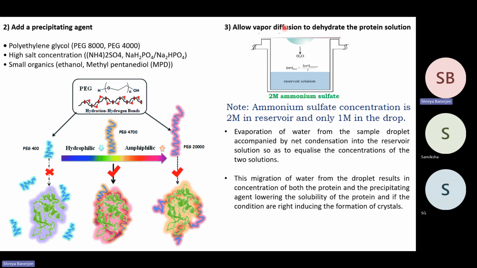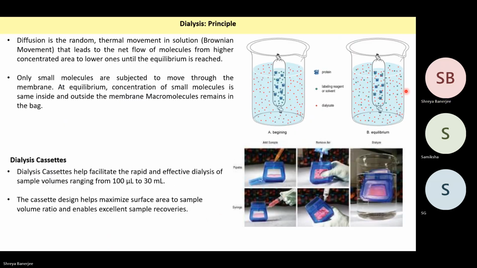And vapor diffusion, we already discussed, the hanging drop or the sitting drop method. Vapor diffusion is also a method to allow the crystallization of the protein. This is again talking about dialysis, which we have discussed. This is the conventional method of dialysis, where you have a semi-permeable membrane in a solution.